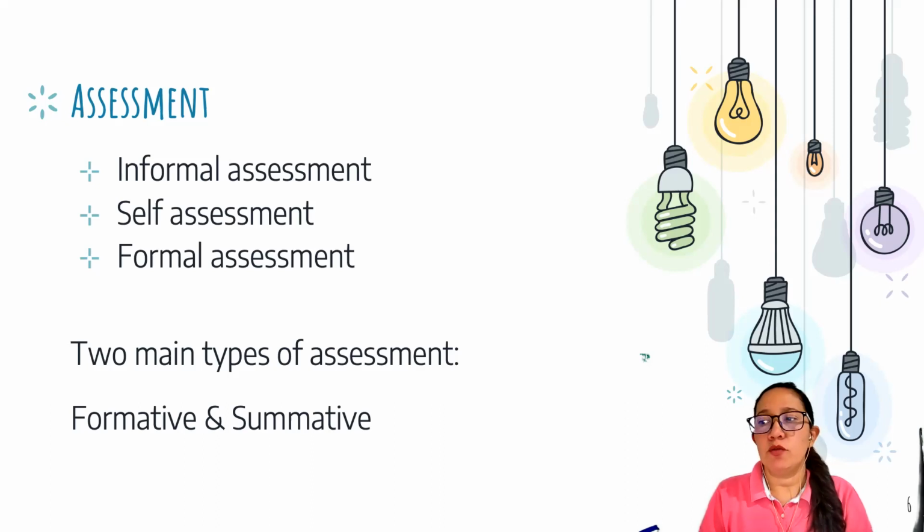Formal assessment is used to assess course objectives. Formative assessment is used to check a student's progress during a whole course, and summative assessment is used to measure what has been achieved at the end of the course.